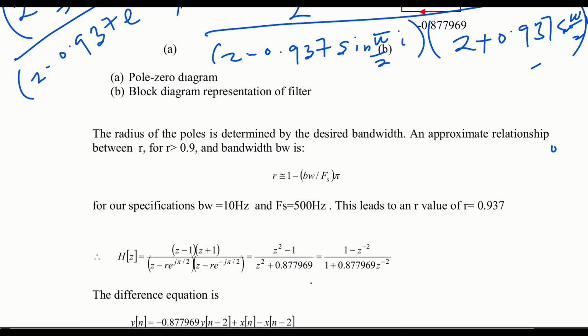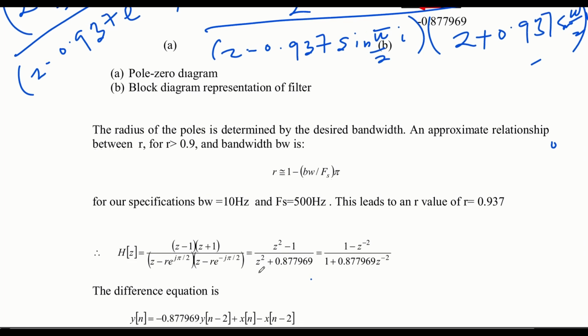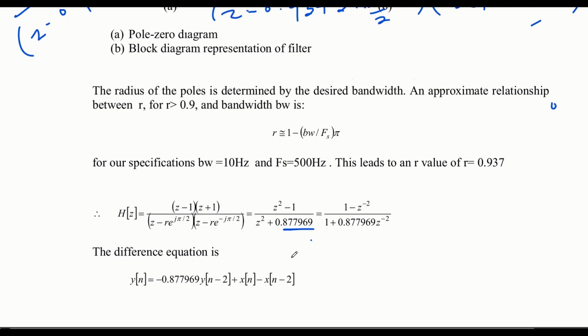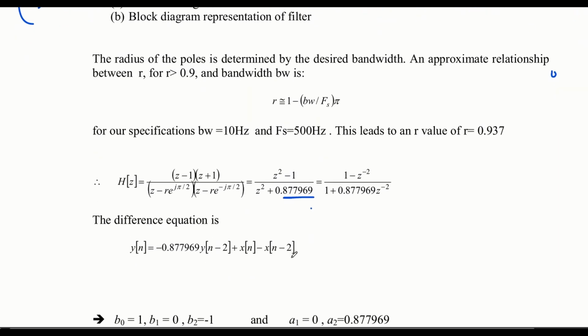for a filter difference equation. And this is the standard format. You should have a constant one at the denominator. You don't really care what happens in the numerator, but you should have a constant one there. So since we have z squared minus 1 all over z squared plus 0.877669, and mind you, make sure you have a lot of decimal places so that your filter would not be erroneous because of approximation errors.